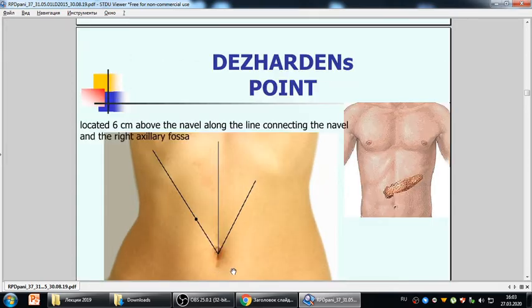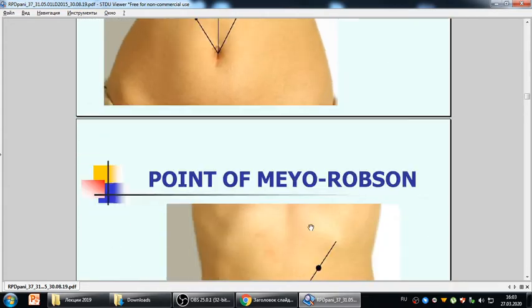Here are pain points in pancreatitis. For example, here is represented Desjardins point, located 6 cm above the navel, along the line connecting the navel and the right axillary fossa. And here is the point of the caput of pancreas.